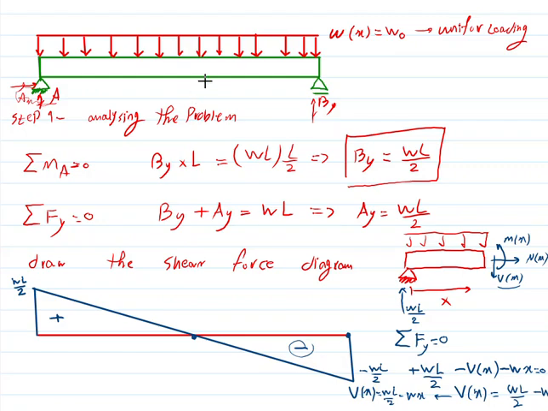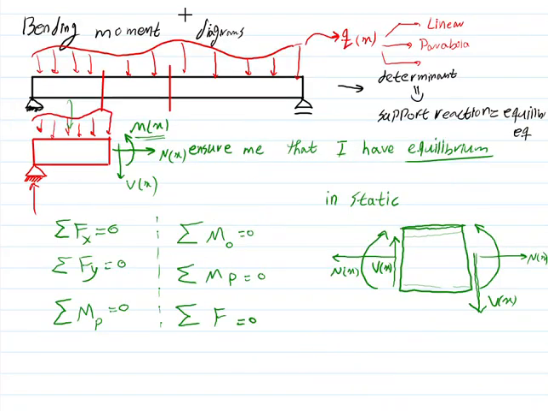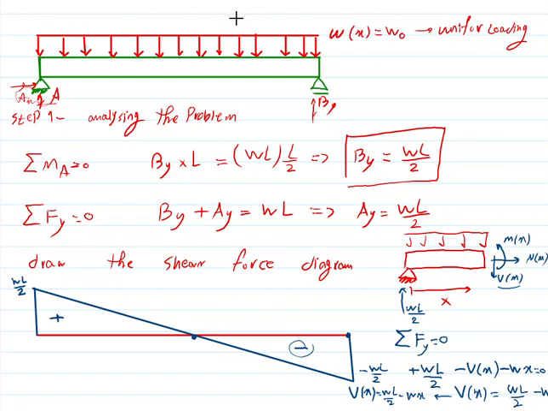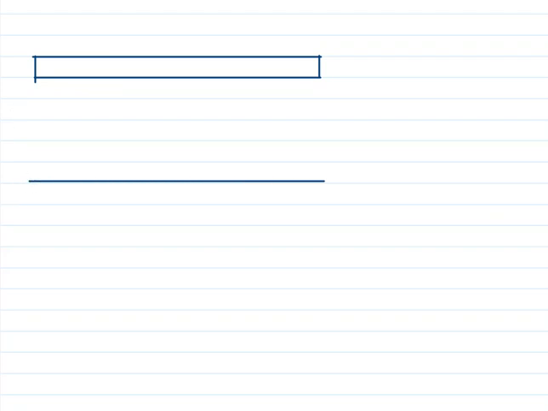Next, we try to write the bending moment diagram. So if I write it here and now try to draw the bending moment. There are two ways of thinking here.